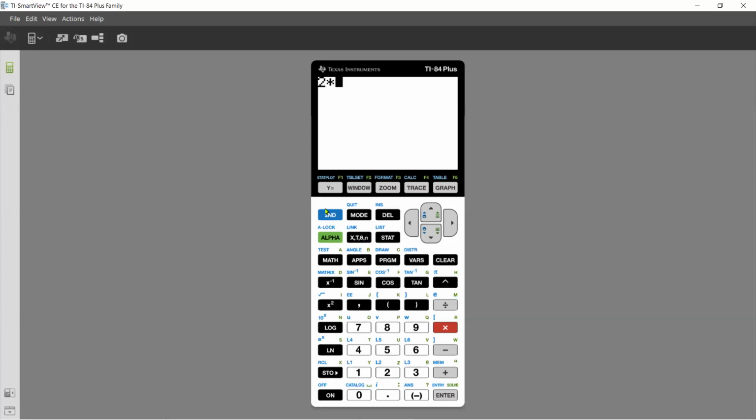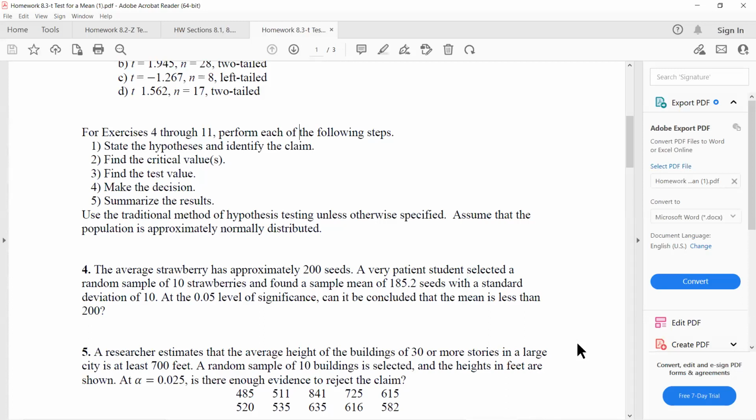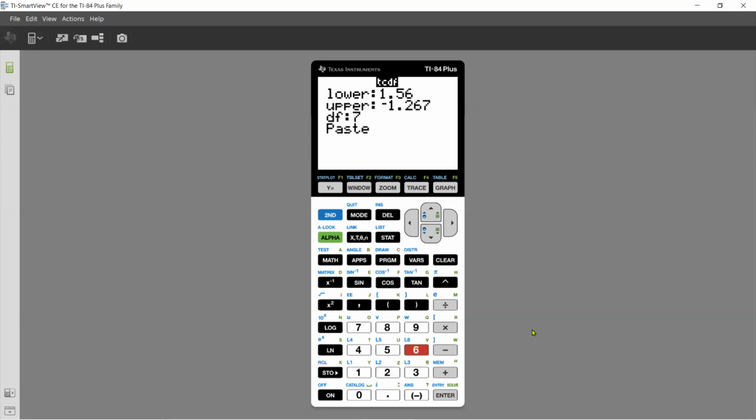So I'm going to have two times TCDF. Second distribution, TCDF number 6. My lower is 1.562 with a degree of freedom of 16.